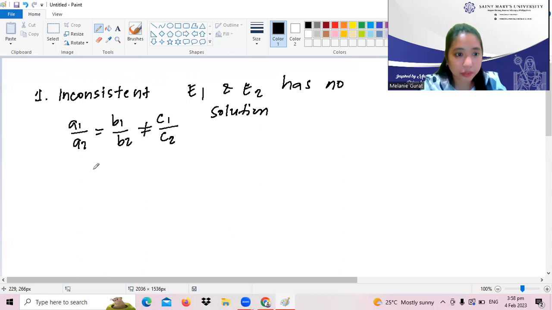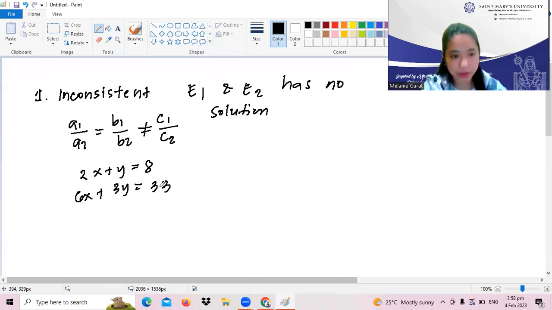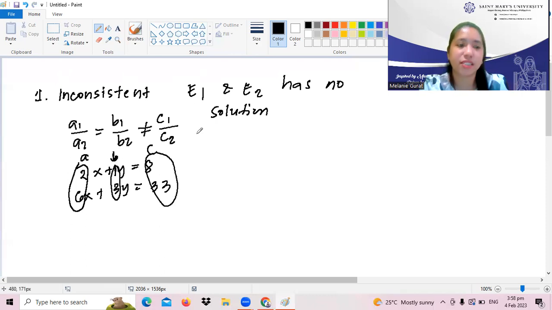An example of this is 2x plus y is equal to 8, and 6x plus 3y is equal to 33. So let's identify the a's. These are the a, and y means that it is 1y. These are the b, and these are the c.